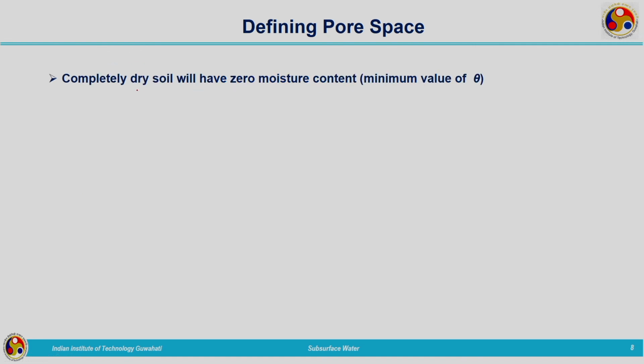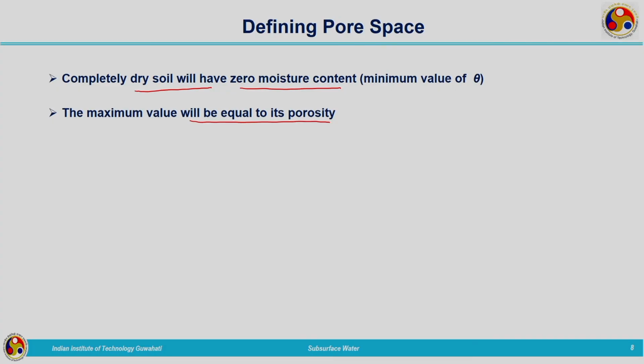Now take the case of a completely dry soil, which has 0 moisture content, the minimum value of moisture content. The maximum value will be equal to its porosity. We have seen the pore space within the soil sample. Solid particles are there and some voids are there. Voids are filled with air and water.